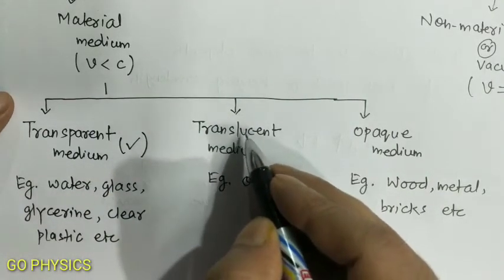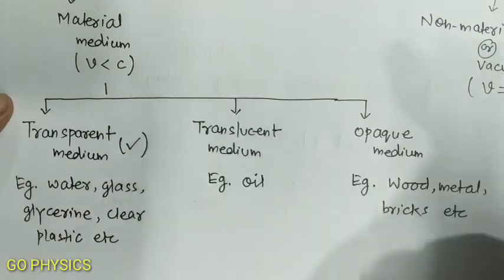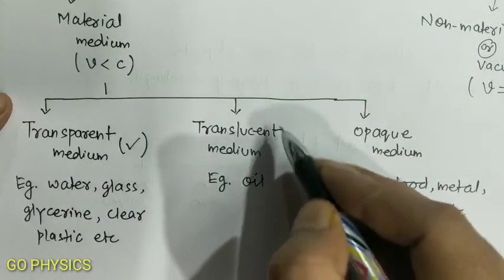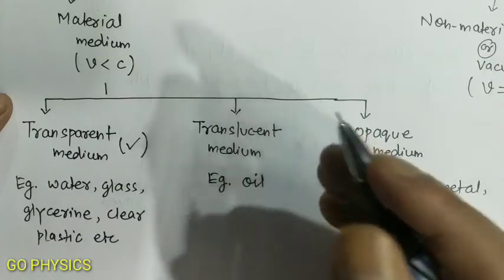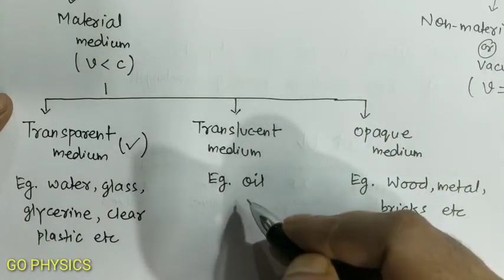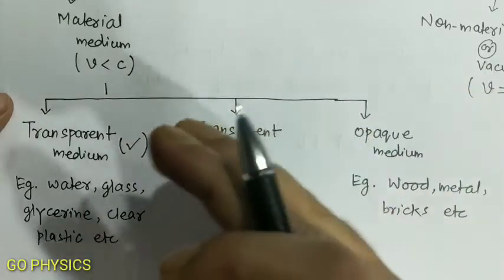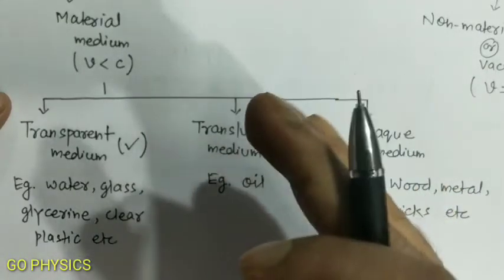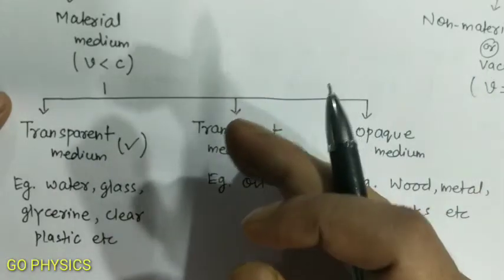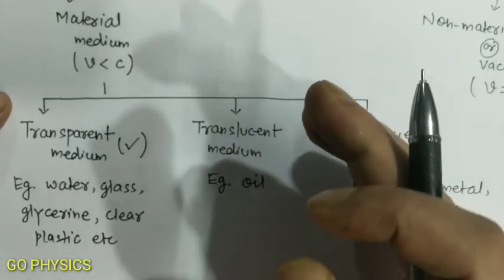Now let's talk about translucent medium. In translucent medium like oil, light can travel some distance, but its intensity reduces rapidly.